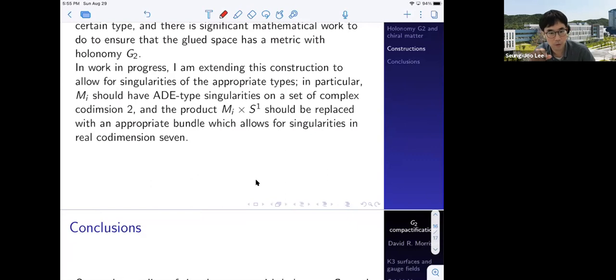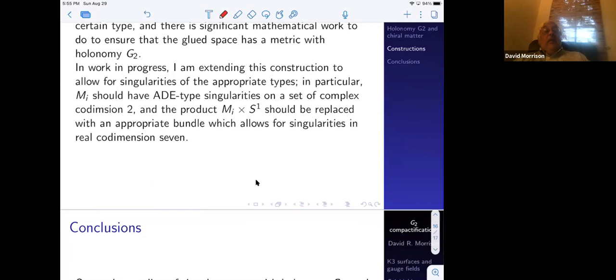And then you're saying in your work in progress, by shrinking the circles non-generically, you can achieve this roughly? So let's see. What I'm going to do is take my M_I, which is a threefold, which has a 1-parameter family of K3 manifolds on it.